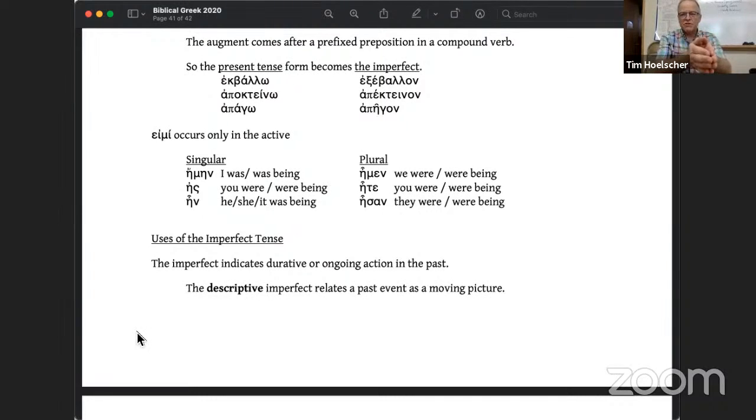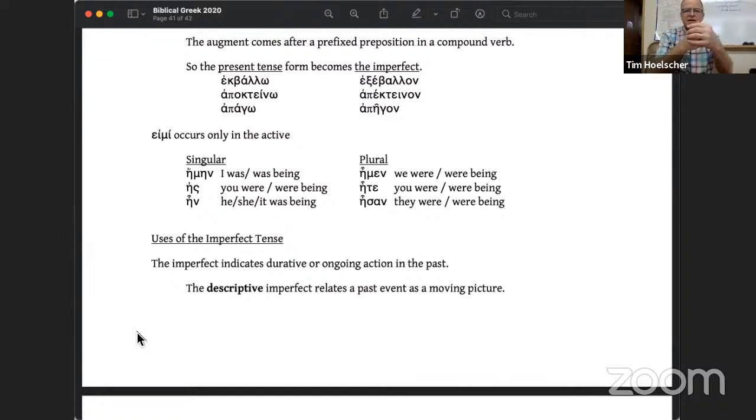The verb stem is still ball. Okay, it's still ball. And so it's going to go X, and they've changed the ek in there. They've lengthened it to xi. So we have the epsilon coming between the xi and the stem.